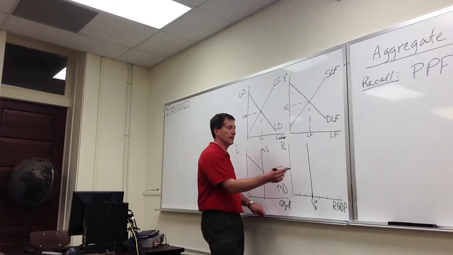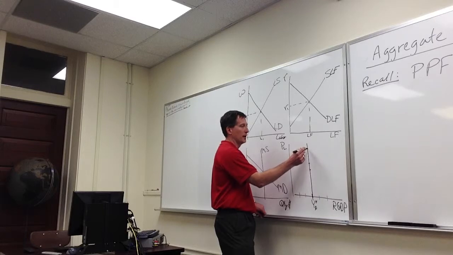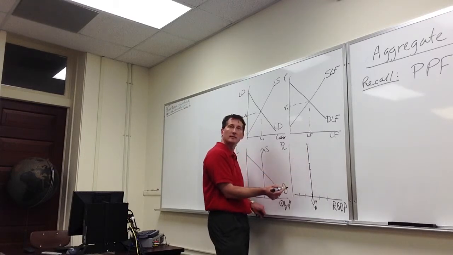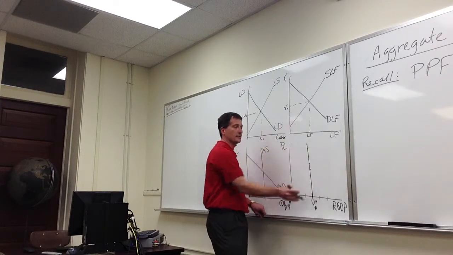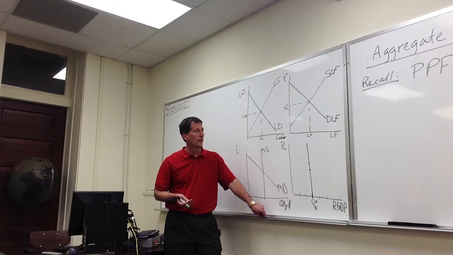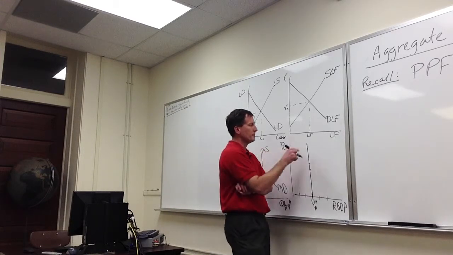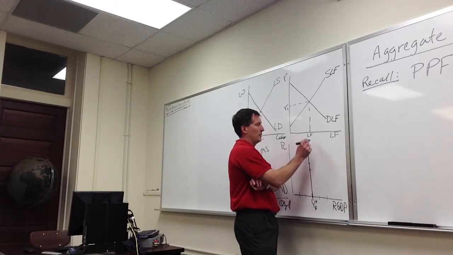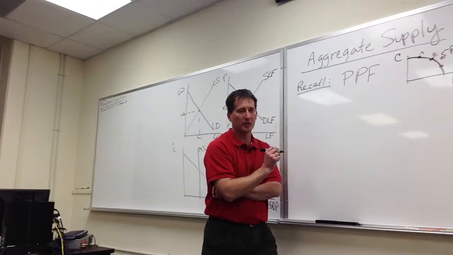In other words, it doesn't matter if the price level is 100, 110, 200, 210. Doesn't matter where we are for prices. That is it. You just can't have any more. Okay. So this is what we're going to call the long run aggregate supply curve.